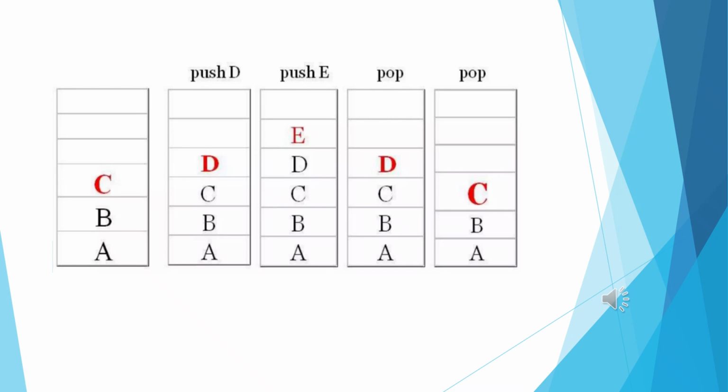Here we inserted the element E last, so when we use the pop operation, it eliminates E. Next we do the pop again. The topmost element of the stack now is D, so D gets deleted from the stack.